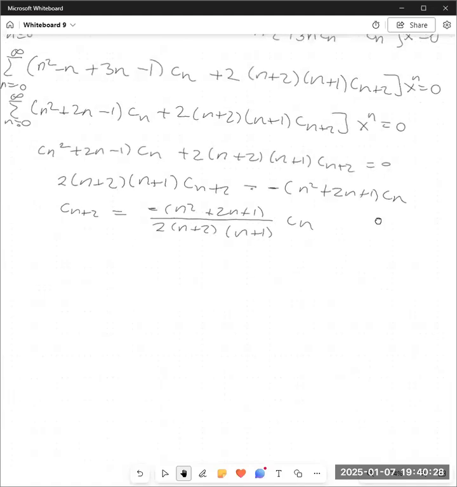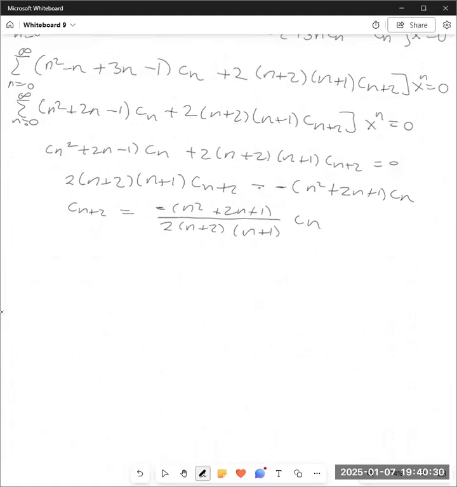Let's go ahead and generate some coefficients here. So we know c_0 equals c_0, c_1 equals c_1, c_2 is when n equals 0, and I've already figured these out so that I can write them out a little faster for you here.